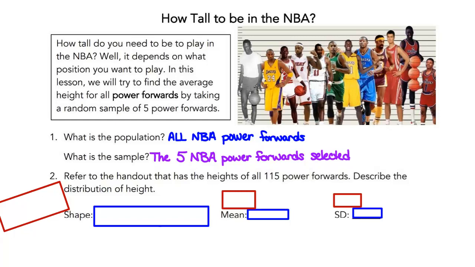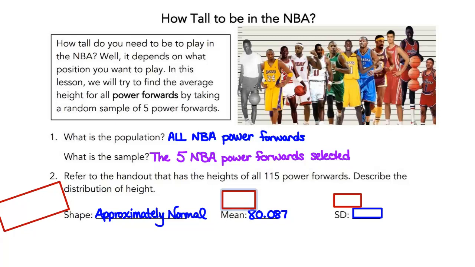What is the shape of the distribution? That was on page 15. Looks approximately normal to me. If you look at page 15, it is approximately normal. What's the mean? 80.087.